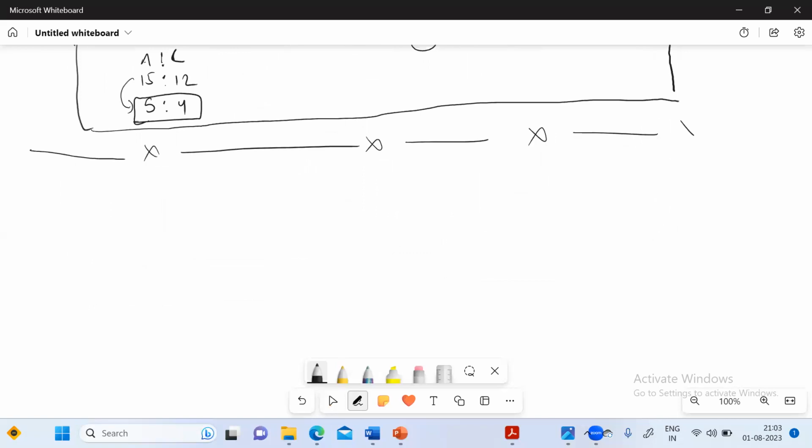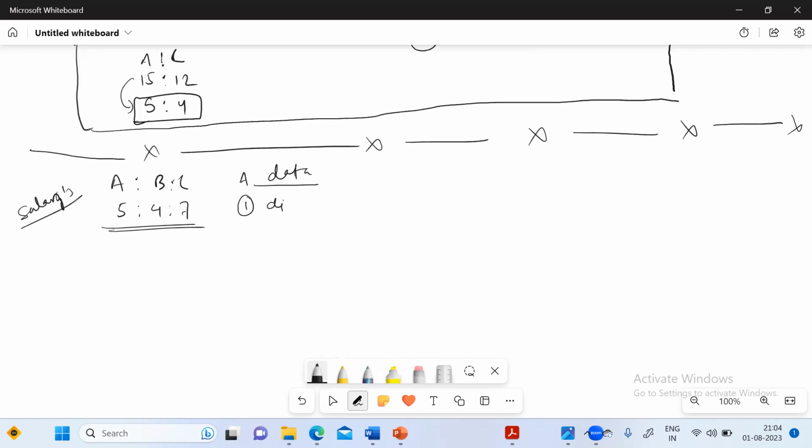So now we know that the problem may come as you'll be given some ratios, like they can give you the ratio of A is to B is to C as 5 is to 4 is to 7. And they will give you one data, it could be anything, like first, the difference between salary of C and A, this is the ratio of salaries.